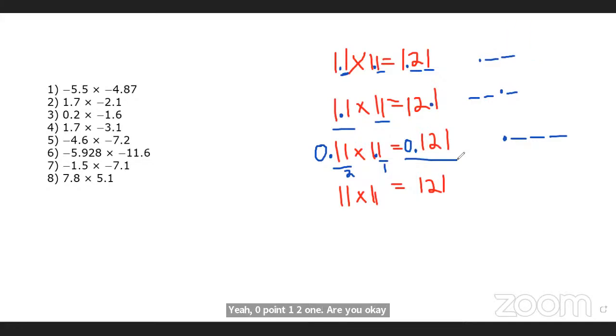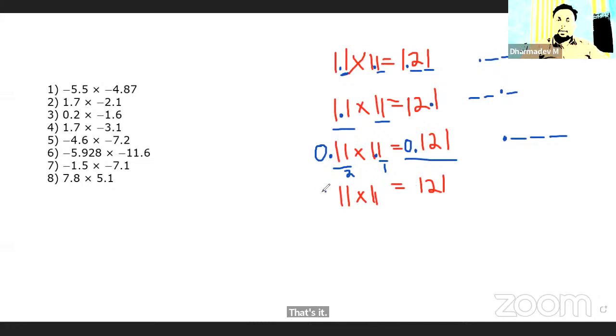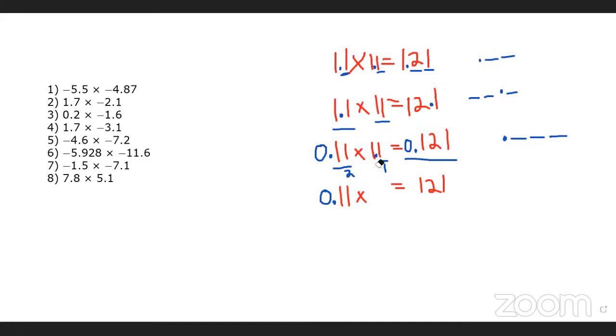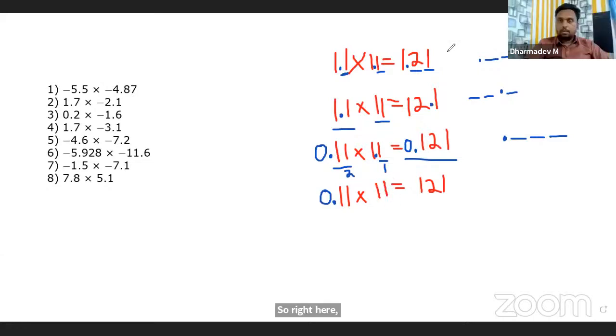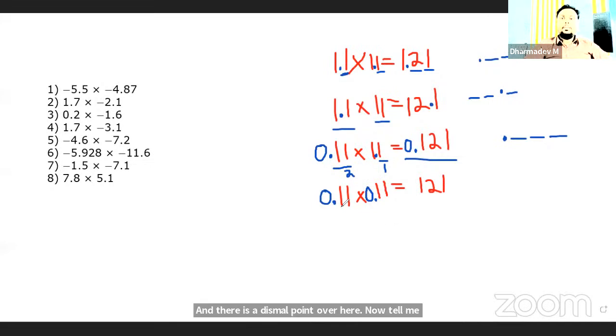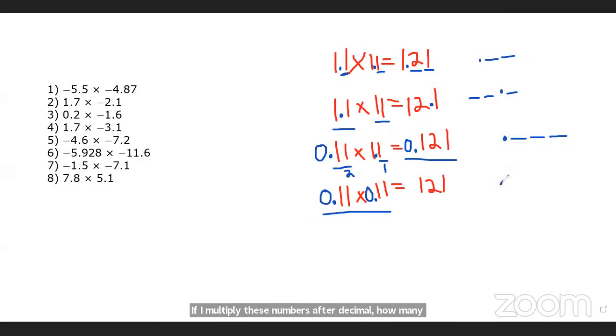Okay. Now, the last one, 0.011, and this also, I'll just erase it and rewrite it. So right here, 1, 1, and there is a decimal point over here. Now tell me one single answer. If I multiply these numbers, after the decimal how many numbers should come? 4.